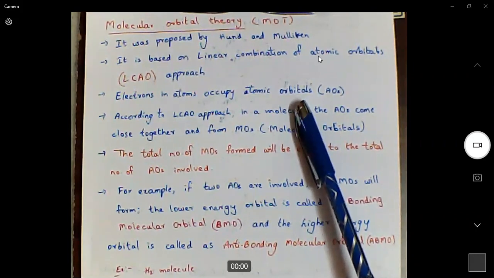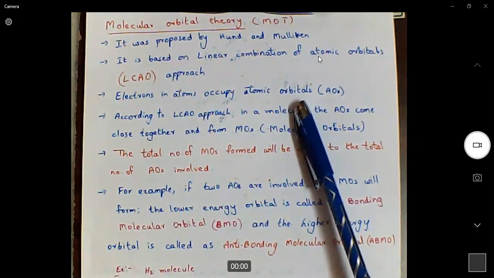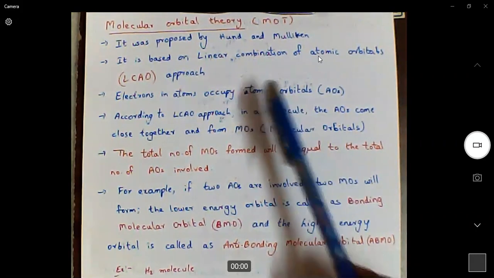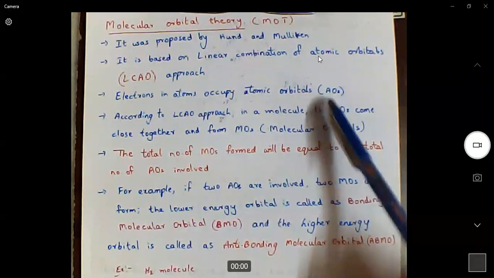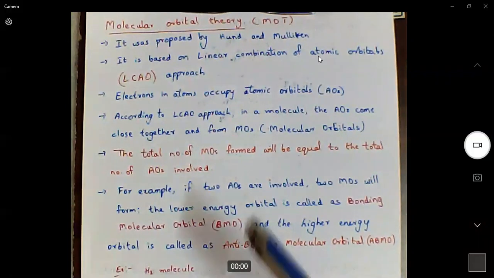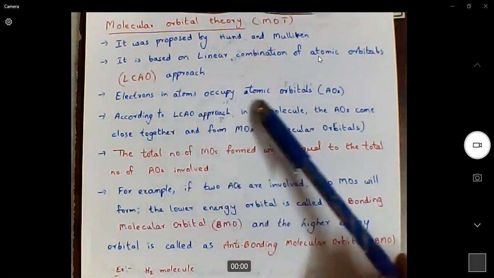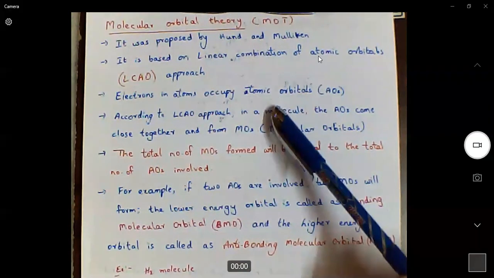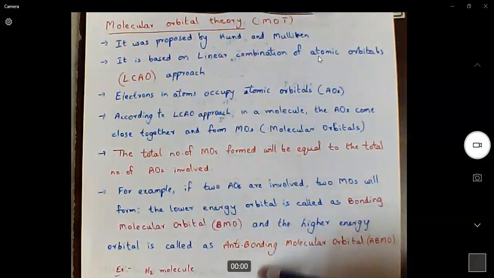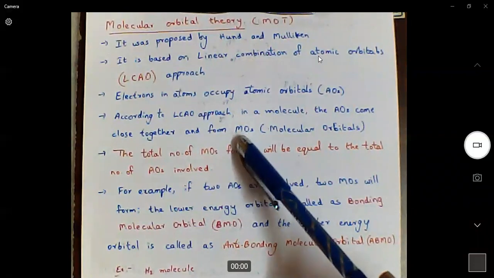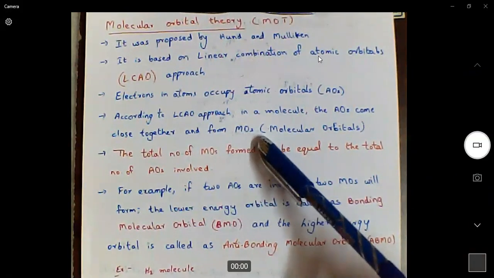So this approach of atomic orbitals to generate molecular orbitals is what is called linear combination of atomic orbitals. Of course, in an atom, electrons occupy atomic orbitals, whereas in a molecule, electrons occupy molecular orbitals.